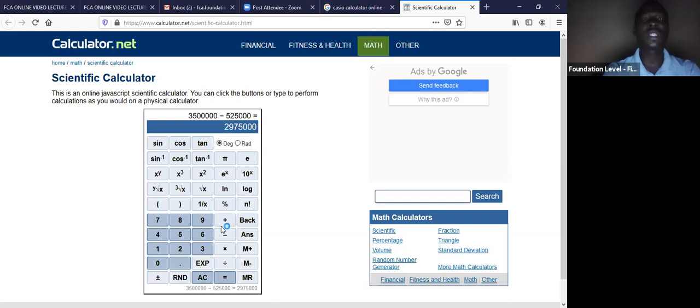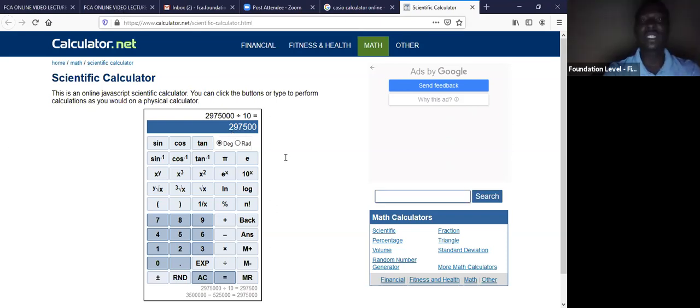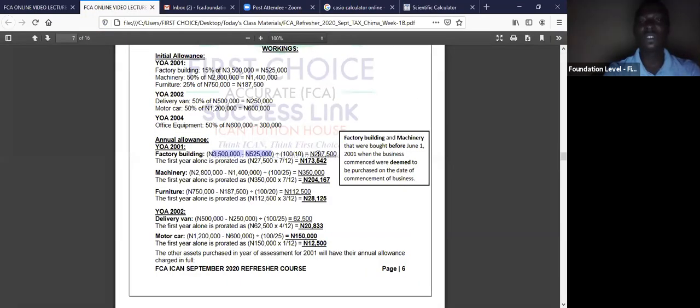And we said you're going to divide it by 10 years. So what we have is 297,500. That is what we have here as our annual allowance for every year.